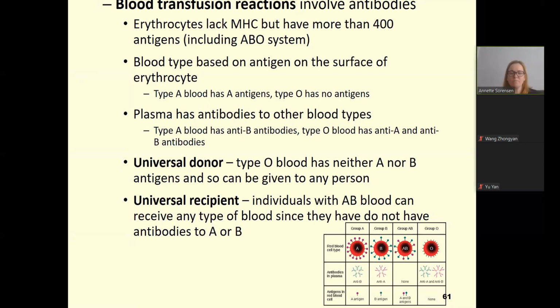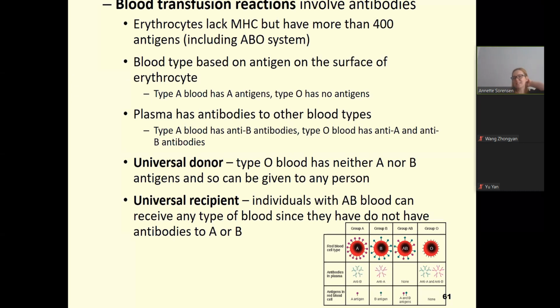If you are the recipient and you are blood type A, you have antibodies in your plasma against antigen B. Therefore, if somebody with blood type A were to receive blood from somebody with blood type B, the antibody in the recipient would bind to the antigen on the red blood cells, and it would lead to destruction of these cells by the immune system.